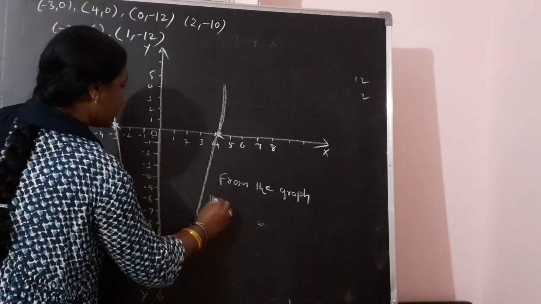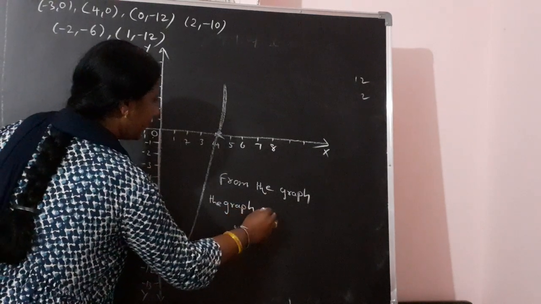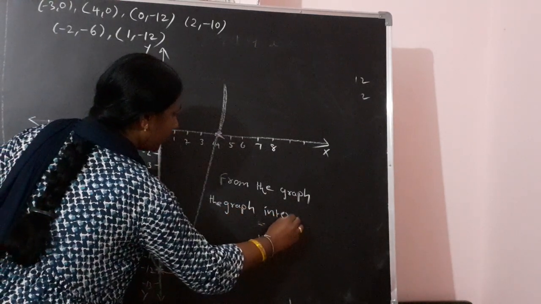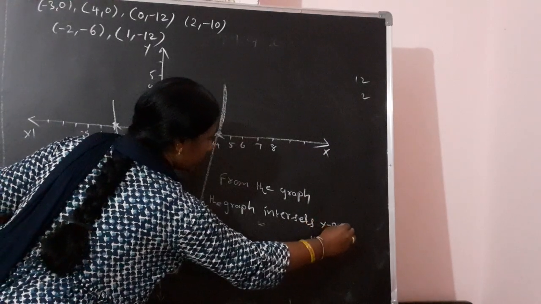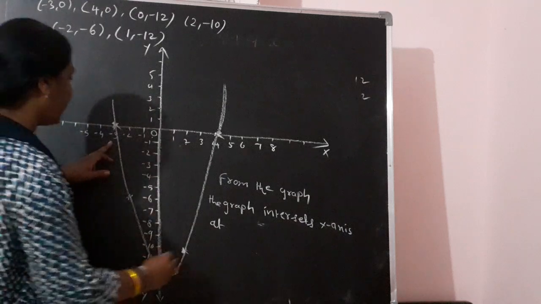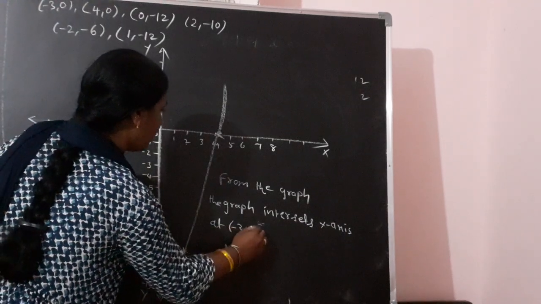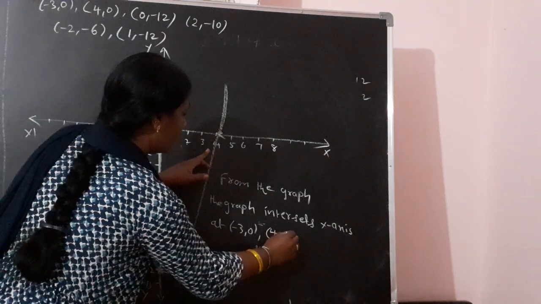So from the graph, the graph intersects the x-axis at, where is it intersecting? -3, 0. Next 4, 0. Okay.